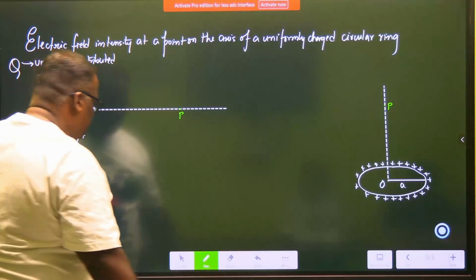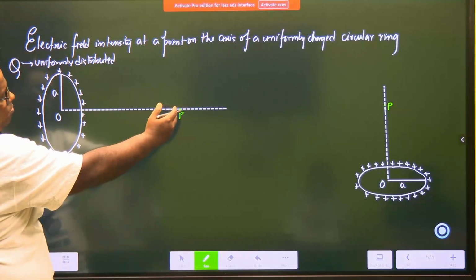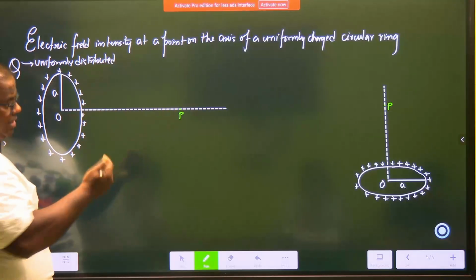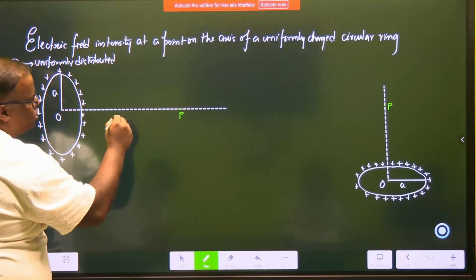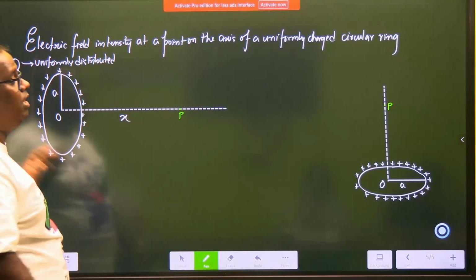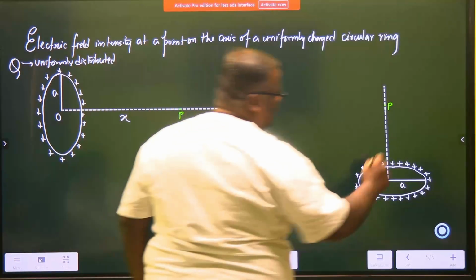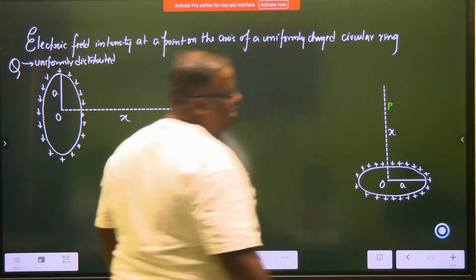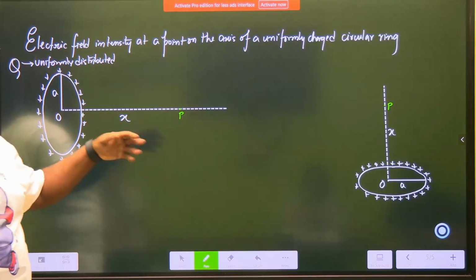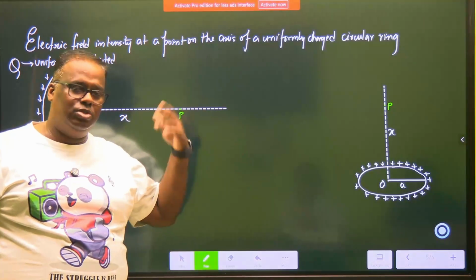Our point P will be at a variable point. You don't know where it is. It can be here, it can be here, it can be here. So this quantity is varying. P is at a distance X. Children, it is getting recorded, so when you write your notes, you can write those statements.